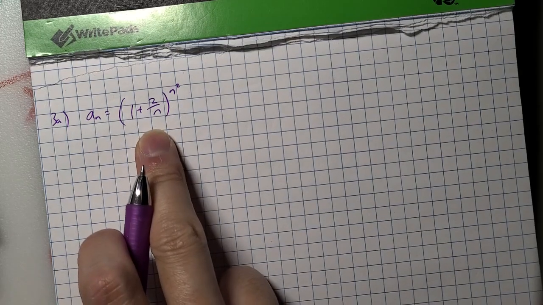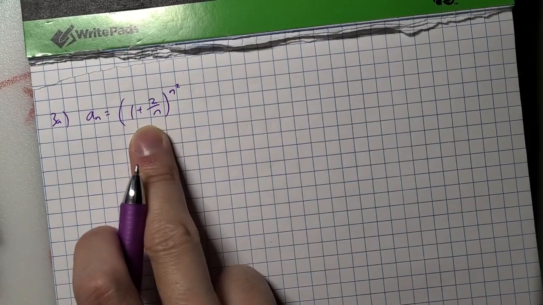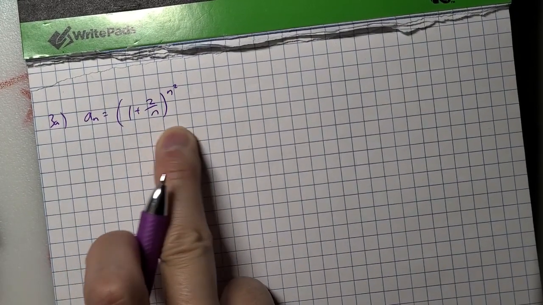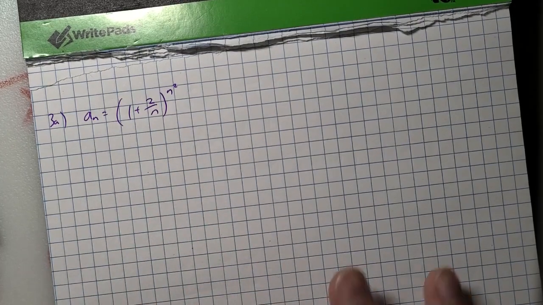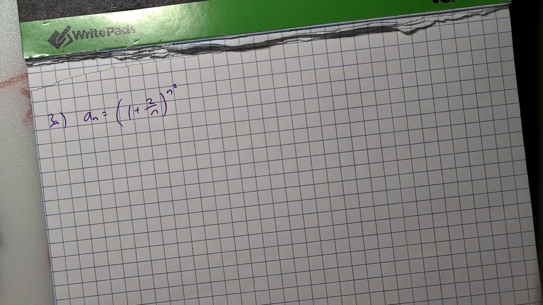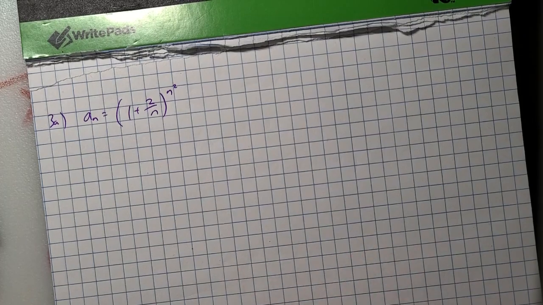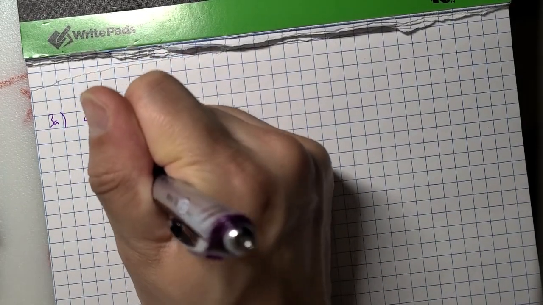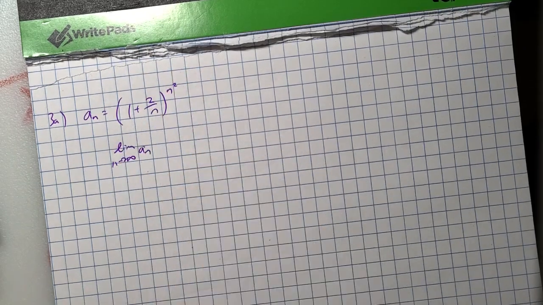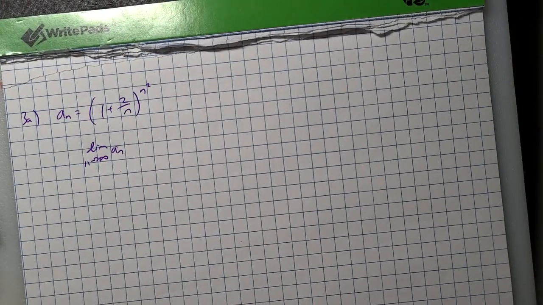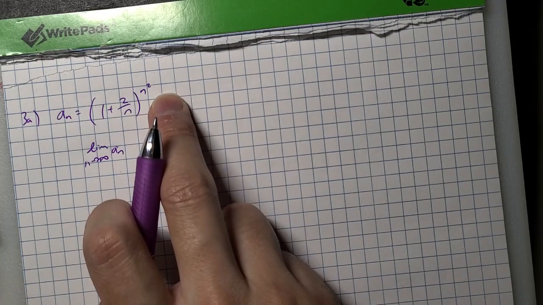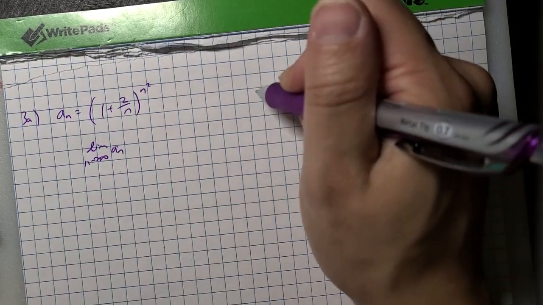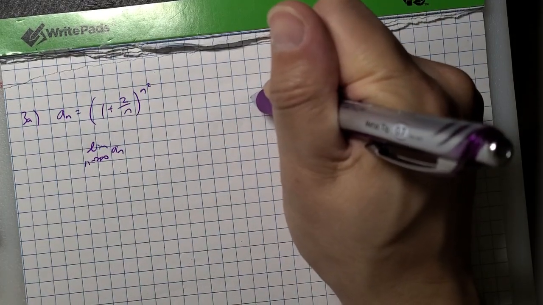I don't know if I saw this in another video, this looks very familiar, but this should look familiar to the definition of e. Okay, so that might be a clue for later or whatnot, but how do we solve the limit as n goes to infinity of a sub n? Okay, because it's n to some n power, we have to use logarithmic differentiation.